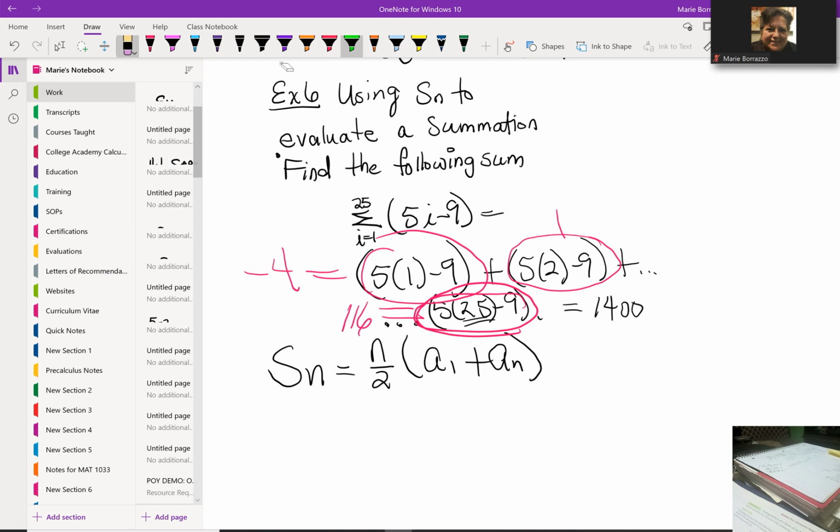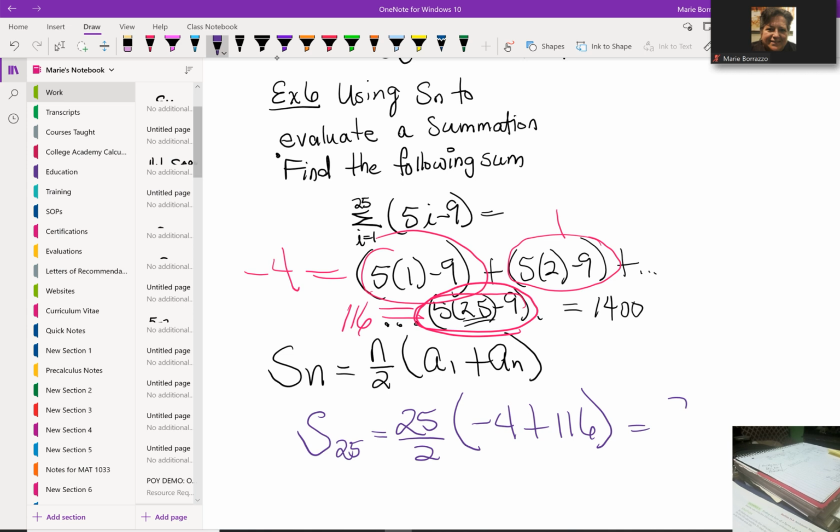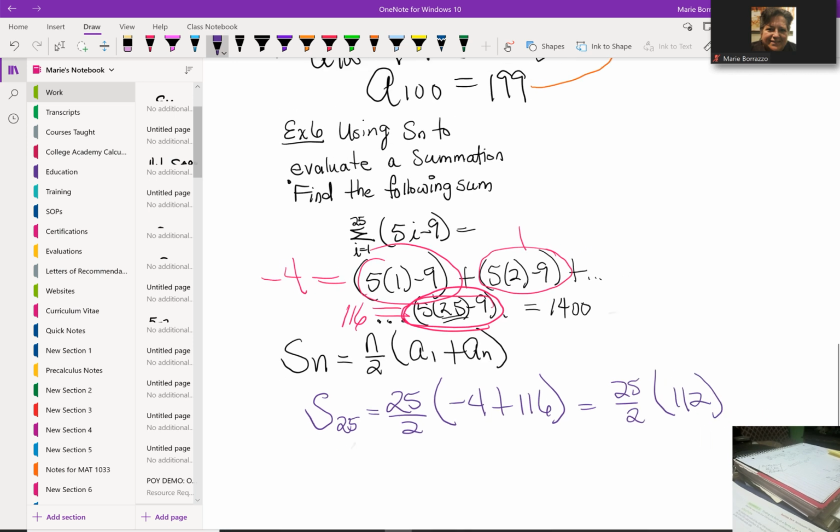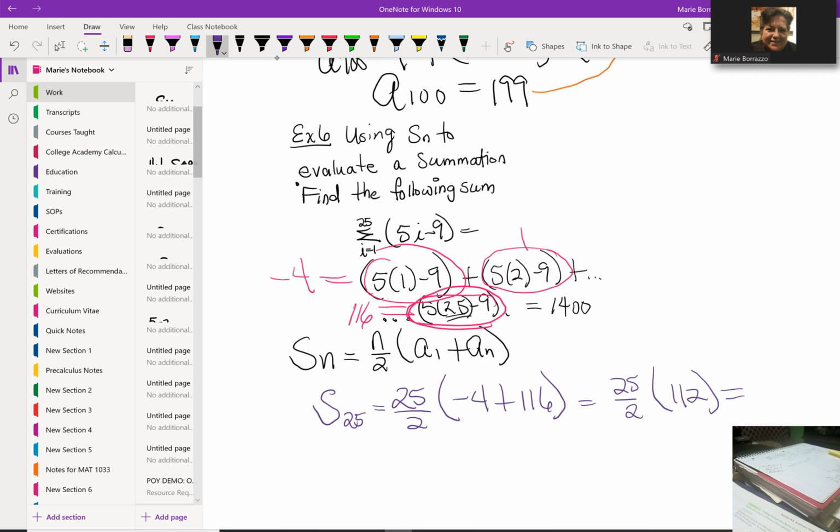Okay, so if that's the case, then S sub 25 is equal to 25 over 2 times -4 plus 116, which is going to give us 25 over 2 times 112, and I believe that will render us 1400 as a final answer.